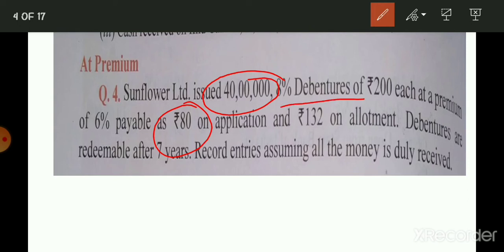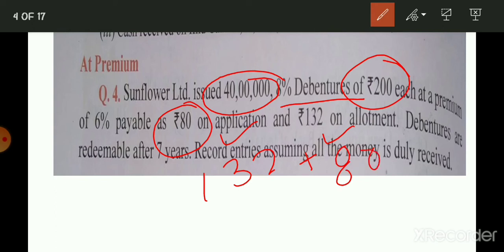Okay. So according to this, 80 rupees are demanded on application and 132 on allotment. So the total amount will be 132 plus 80.